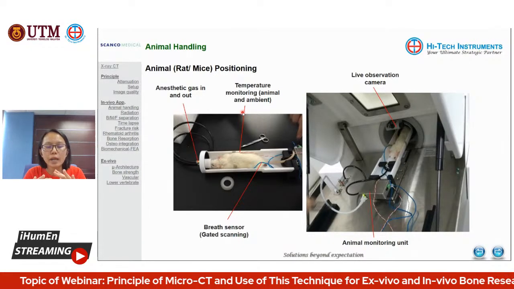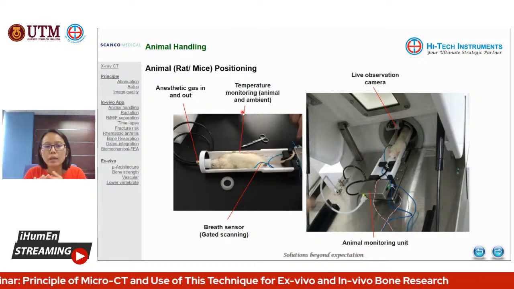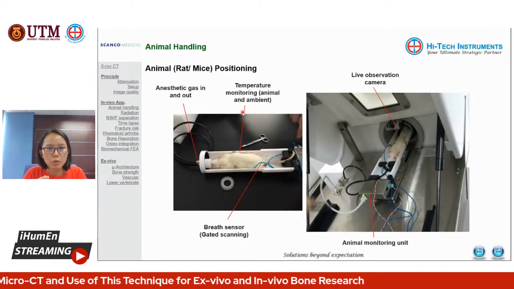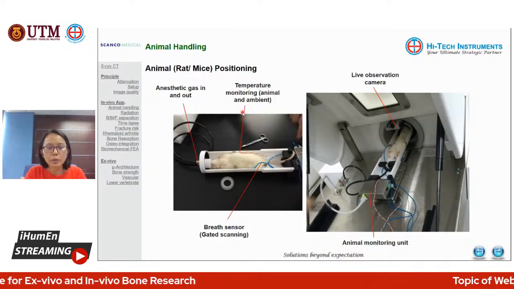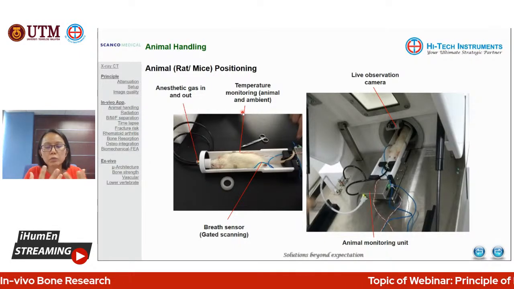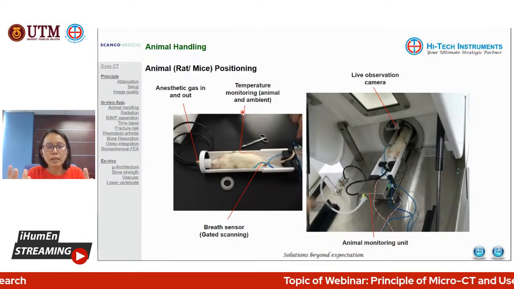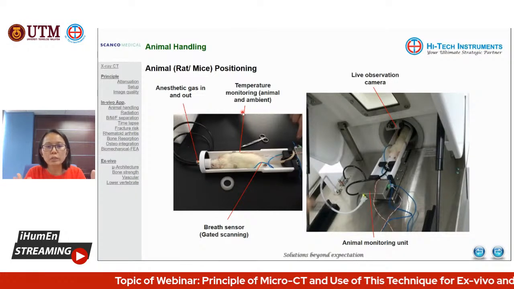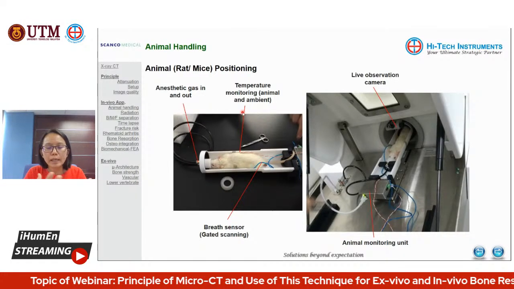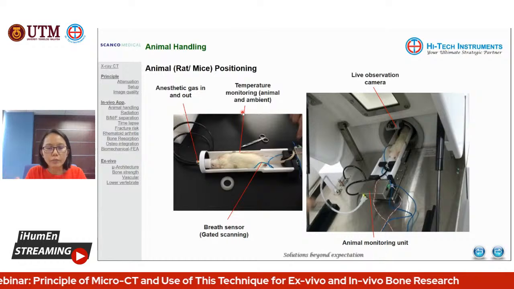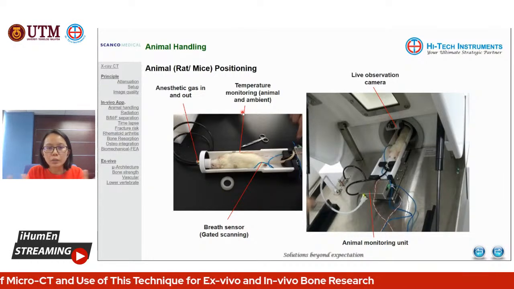We have the heartbeat monitoring. We should be able to control the temperature of the animal holder so that throughout the whole scanning process, the temperature on the holder itself is constant to make sure that the animal can lie down there conveniently and comfortably during the whole scanning process.